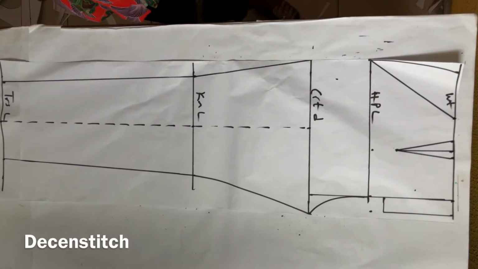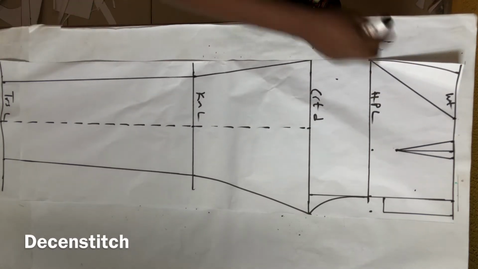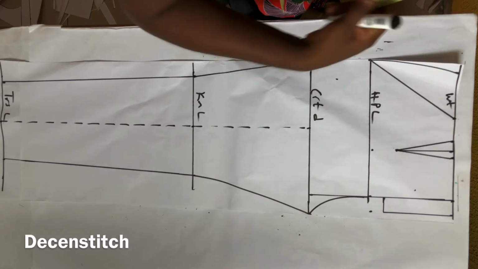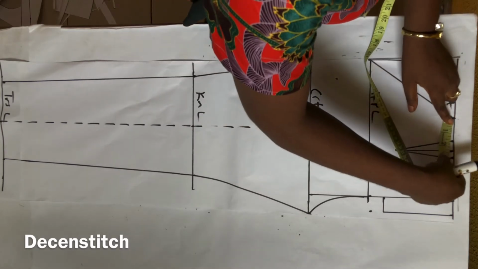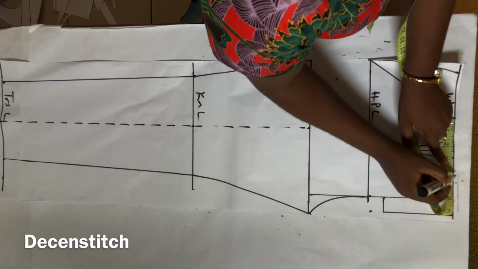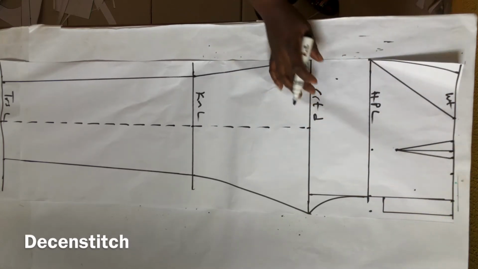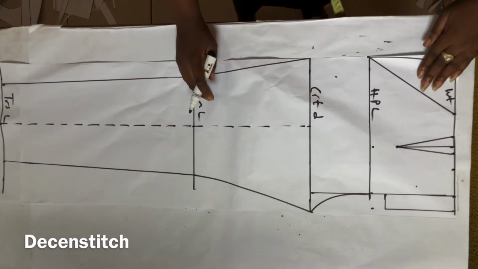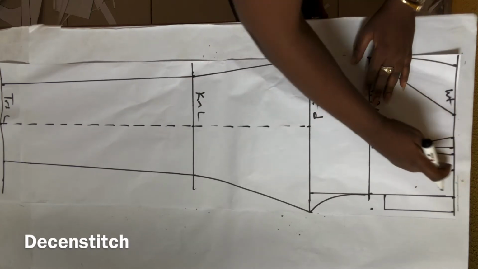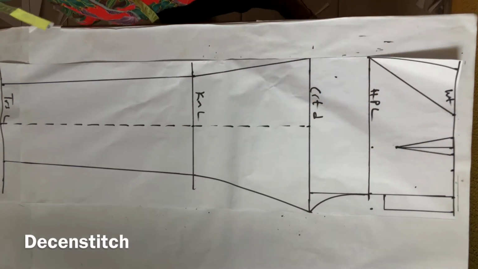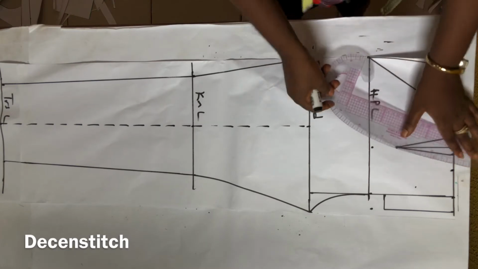From here again, I'll measure 4 inches. From the 3.5, I'll measure 4 inches for the inside of my pocket. This is the opening of my pocket where you slide your hand into, while the 4 inches I measured now is going to be inside of the pocket where you keep your money or other things.